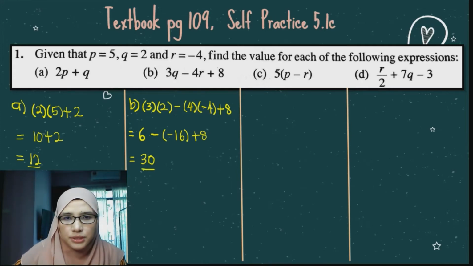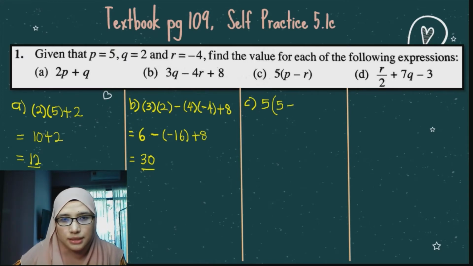Okay, let's look at question C. In question C, we have 5 bracket P minus R. This type of question, we have several ways of solving it. So I'm going to show you the first method. Same as previous method, we just substitute the value. P is 5, minus R is negative 4.